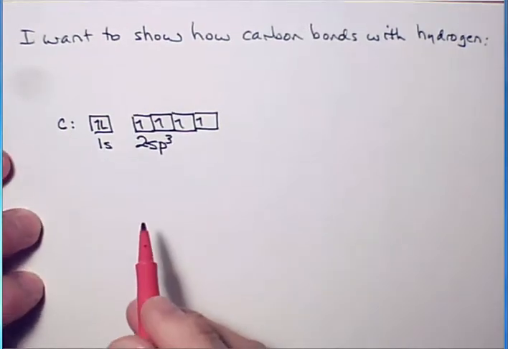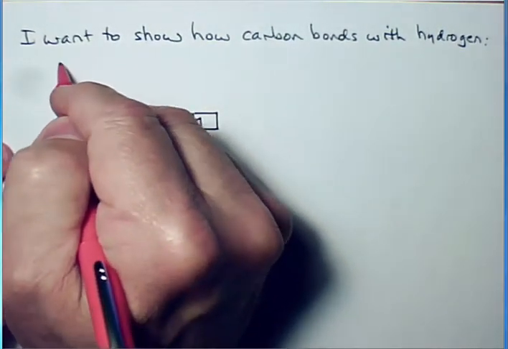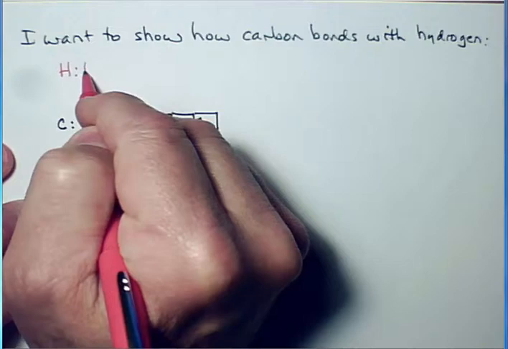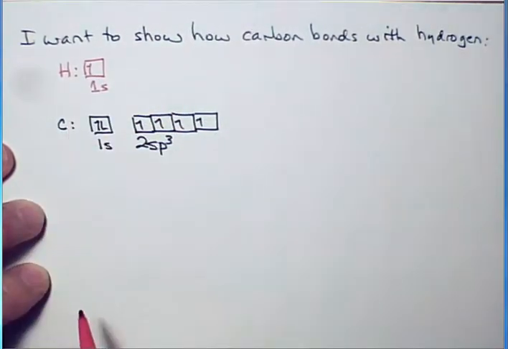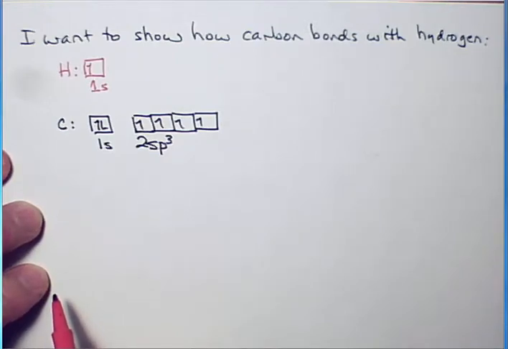So the orbital notation for hydrogen is this. There's only 1 electron in hydrogen.